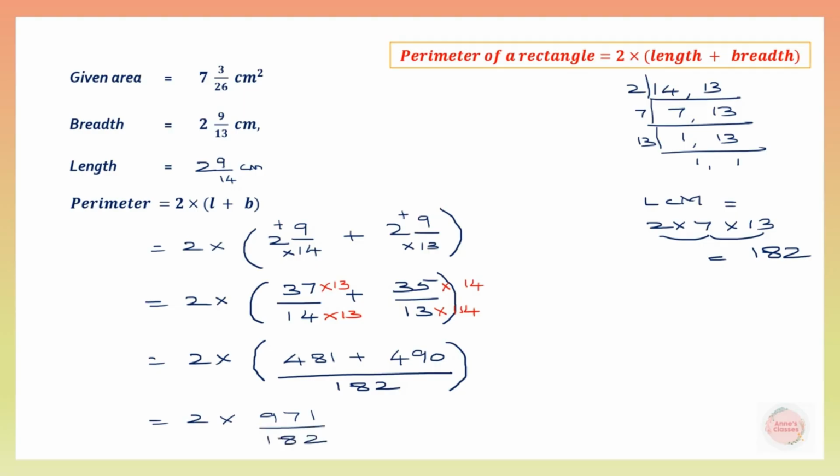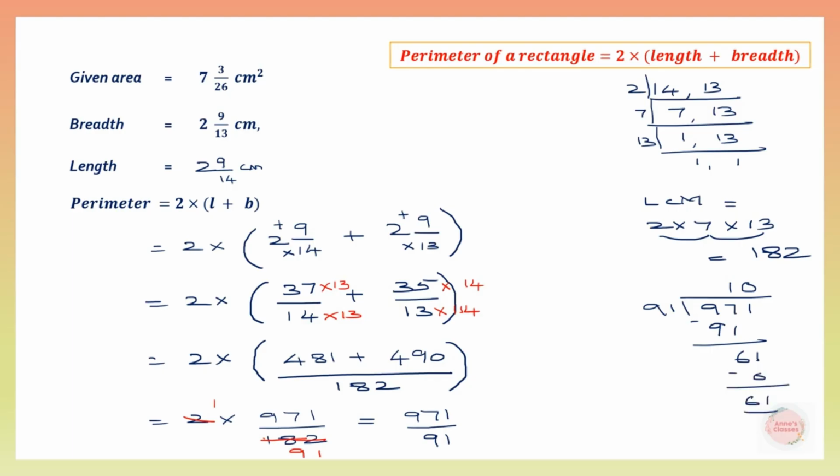Now let's cancel 2 and 182. 2 ones are 2, 18 let's take, 2 nines are 18, 2 ones are 2. Now we have 971 by 91. Now let's convert this to a mixed number. 91 tens are 910, 971 minus 910 is 61.